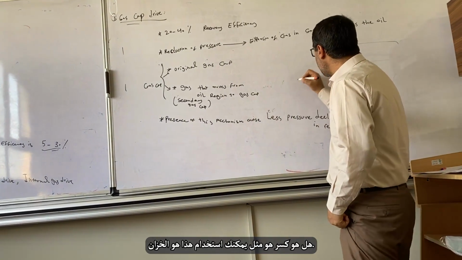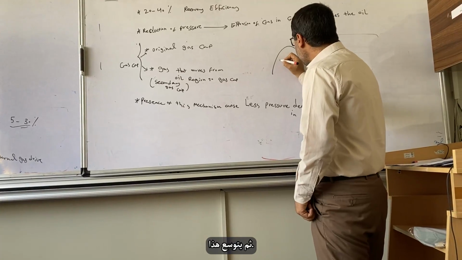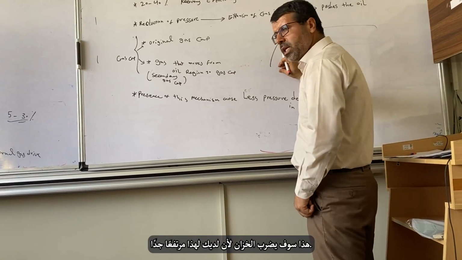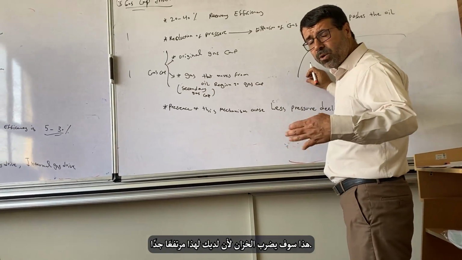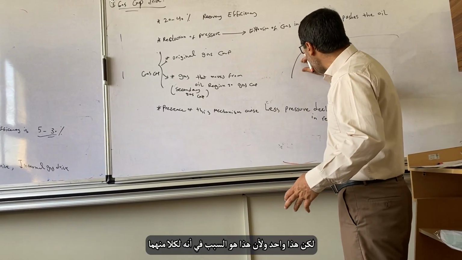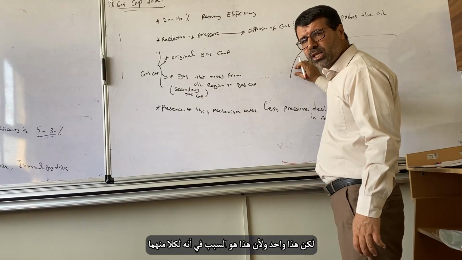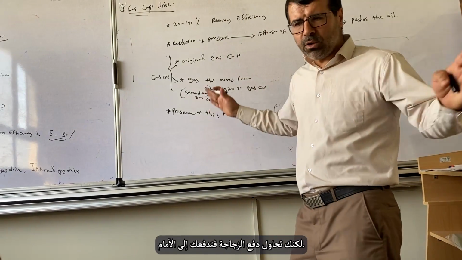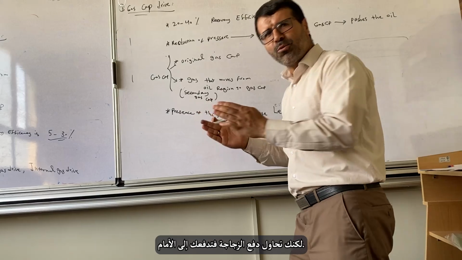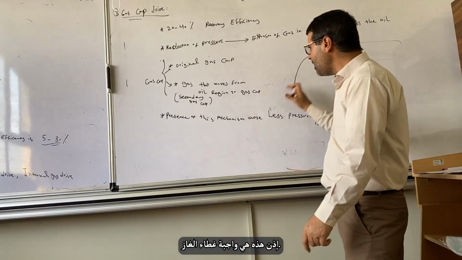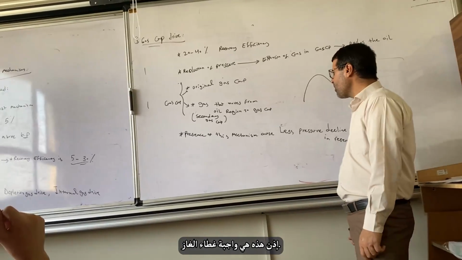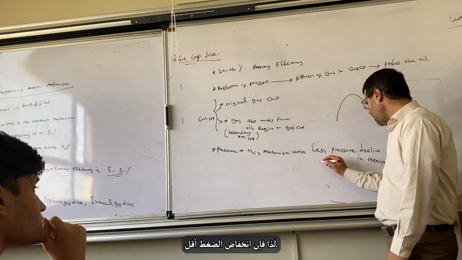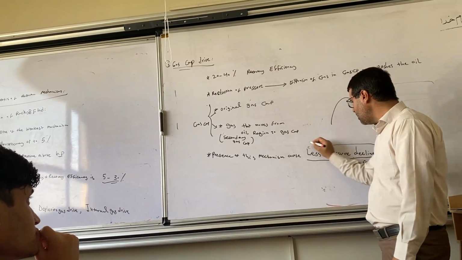Look at here, this is your reservoir. When this is expanded, it hits the reservoir because you are producing very high. But this one absorbs the energy of the reservoir. It is like a balloon. When you try to push the balloon, it pushes backward. So that's the gas cap duty. So it's less pressure decline.